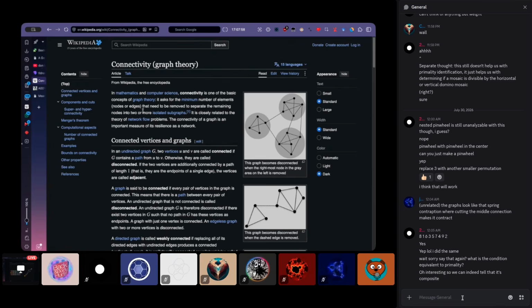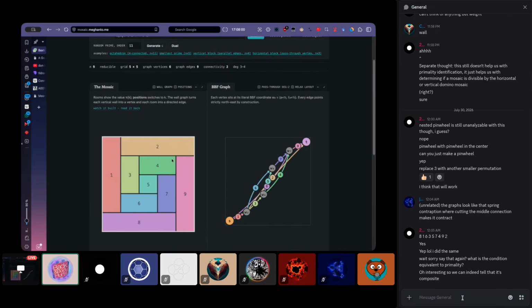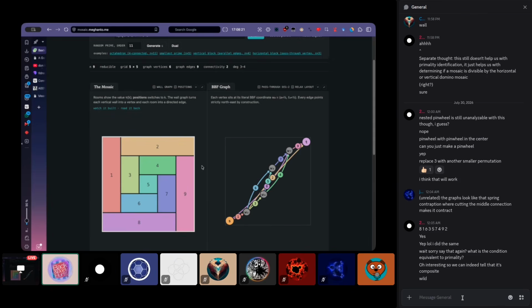Because we can remove 2 vertices in this graph and make it a disconnected graph, we can judge that this is composite, even though it doesn't have any of the trivial composite markings.